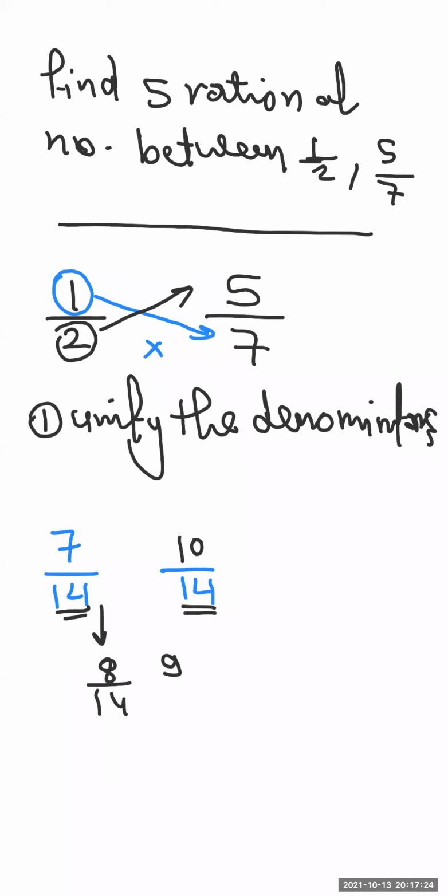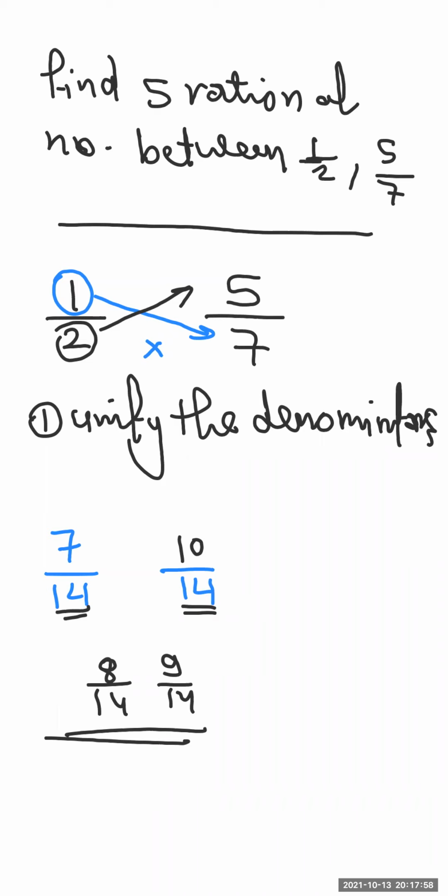So 8/14, 9/14 only, yes, sorry guys. So 8 and 9 over 14. Okay, so now I want 5 rational numbers, not 2. Multiply, or divide. Exactly. So I can multiply the two numbers by 2 or 3 or 4 or 5 or something like that. Okay, I always prefer to multiply the numbers by 10.